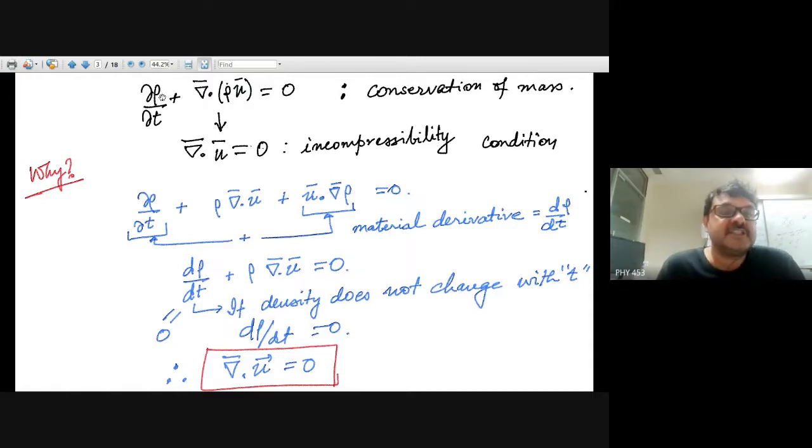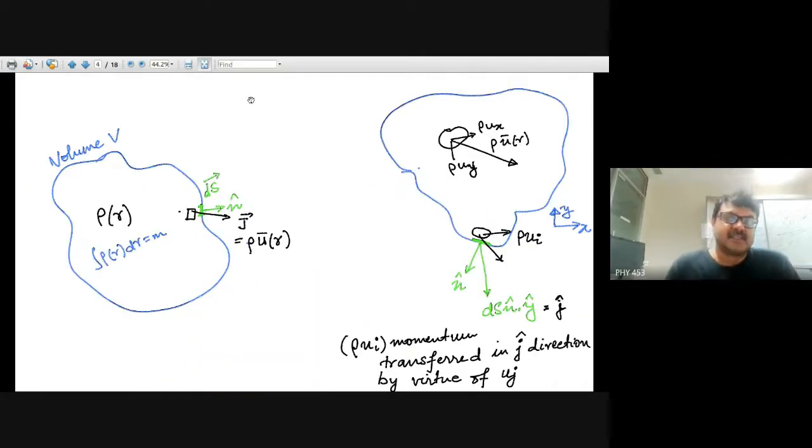The rate of change of mass in a unit volume is equal to minus the divergence of rho u. And why is that true? Well, one can understand this by supposing a volume of fluid inside which there is, so this surface area is fixed as a function of time.